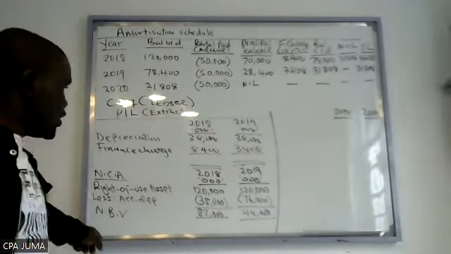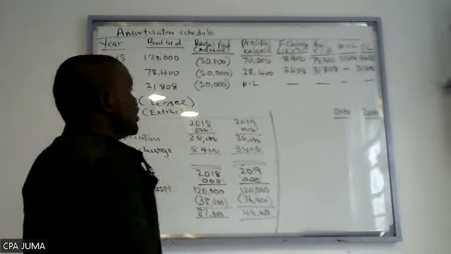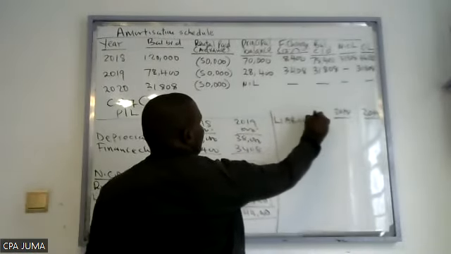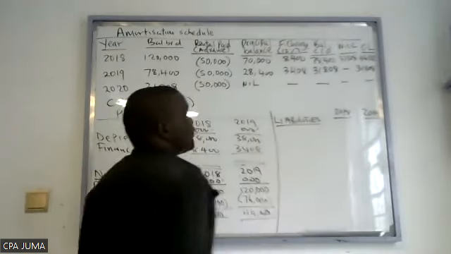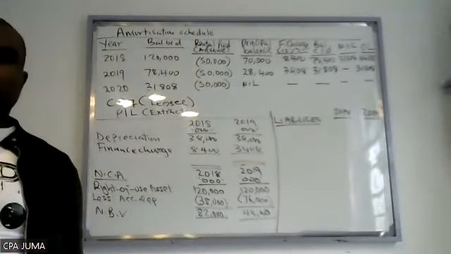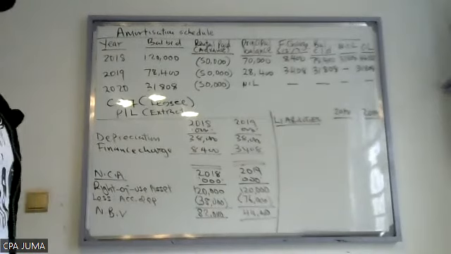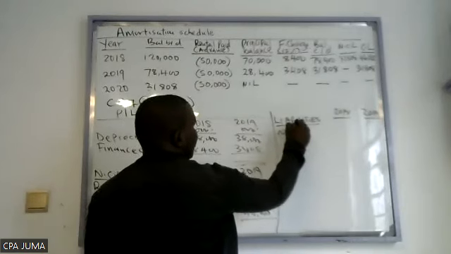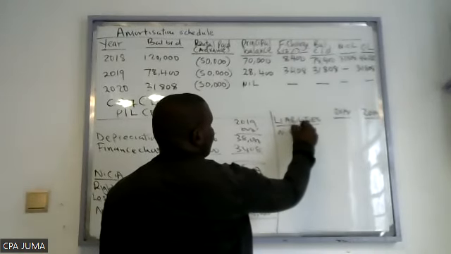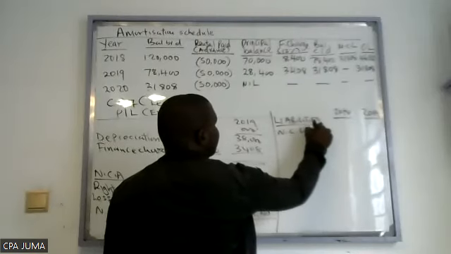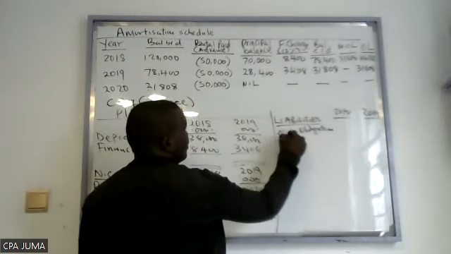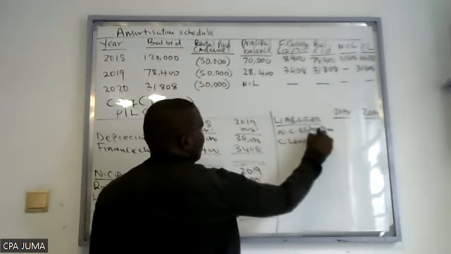So you proceed down there. I've run out of space. So you write liabilities. So liabilities, you bring the non-current lease obligation. Please write in full. Then current lease obligation.